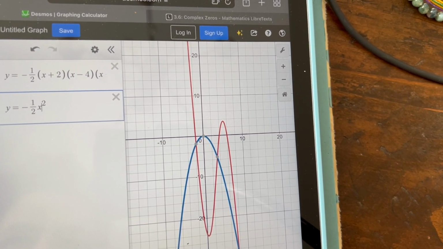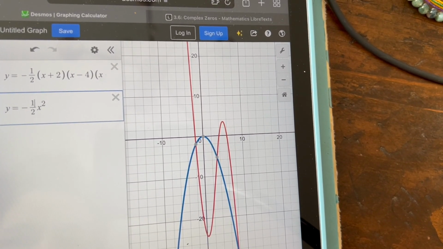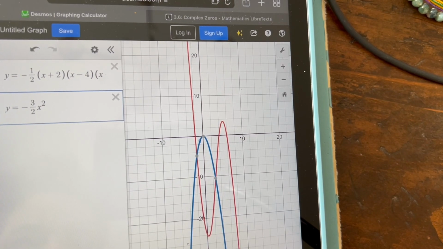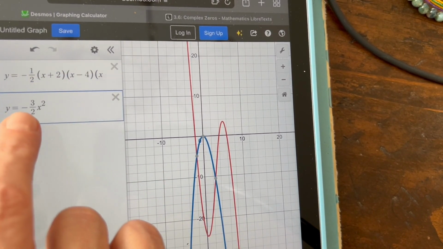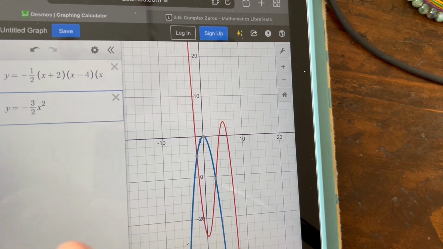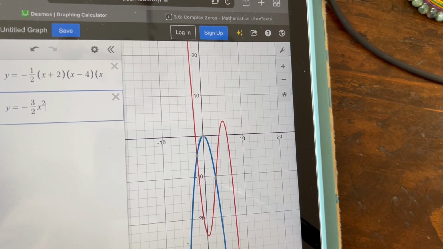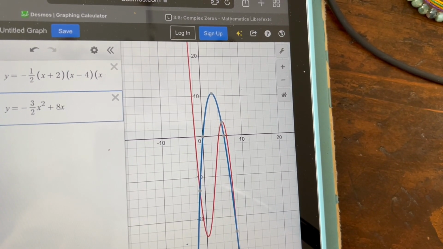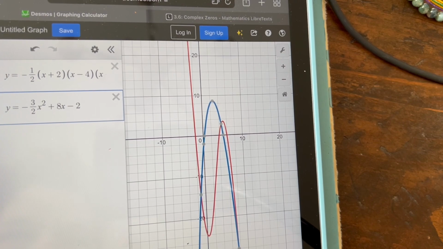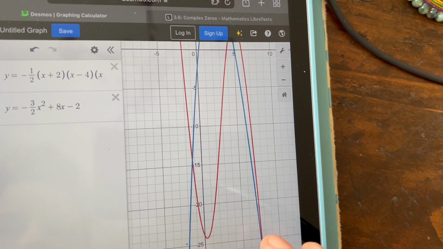This is 3/2 x squared. This is what's called the derivative of our original equation. So this is calculus. This is a little bonus for those of you playing at home. This is the derivative, and you're going to see how these equations interact. Okay, 8x minus 2.